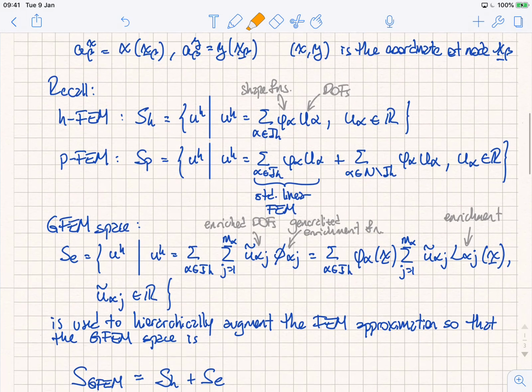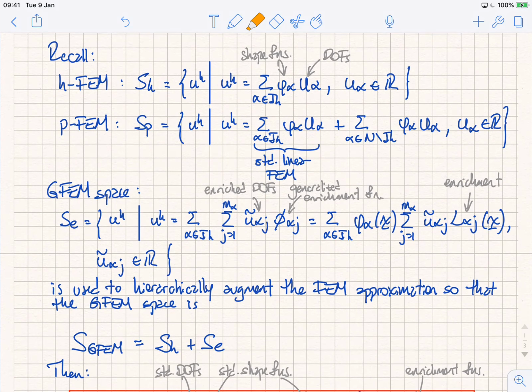We also defined the spaces. We started with the standard finite element space. We looked at the DE-FEM space, and this was in a way enriched over the linear finite element space. You can think of it as basically adding something that is nonlinear to an enriched space.